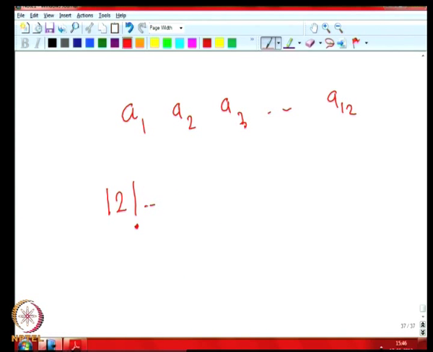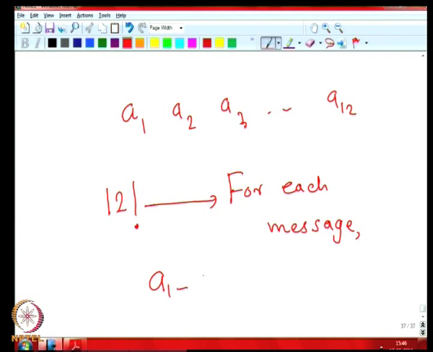So for each message, how many gaps are there between the letters? For instance, this is A1, between A1 and A2 there is a gap, A2 and A3 there is a gap, between A3 and A4 there is a gap, and between A11 and A12 there is a gap.